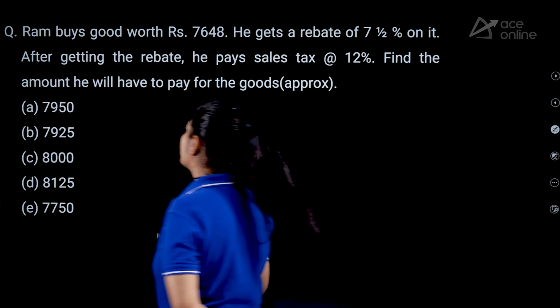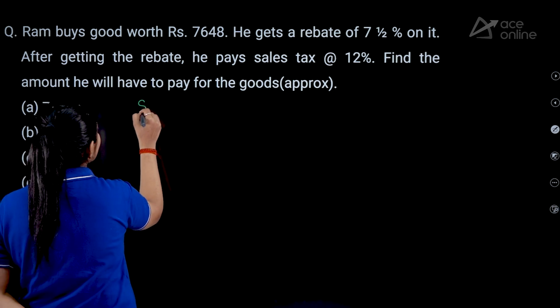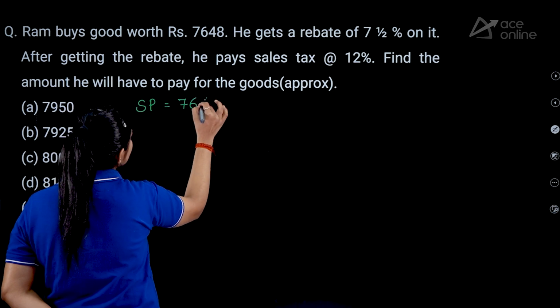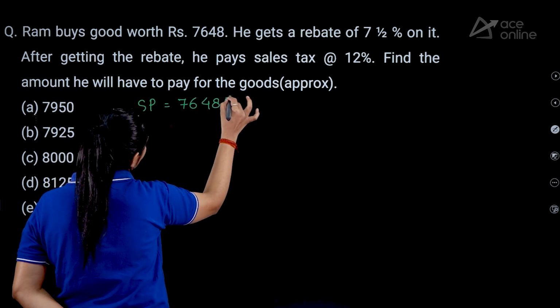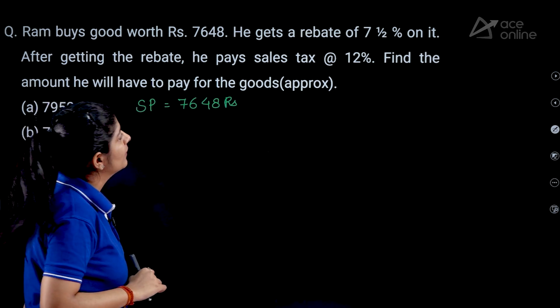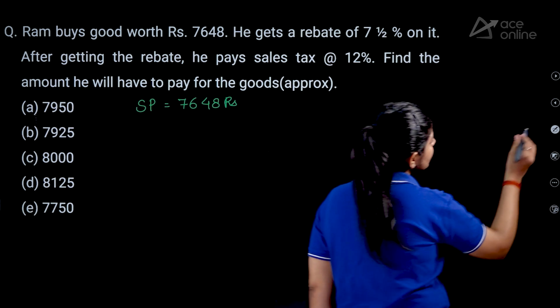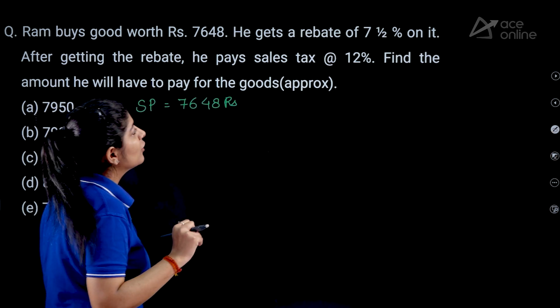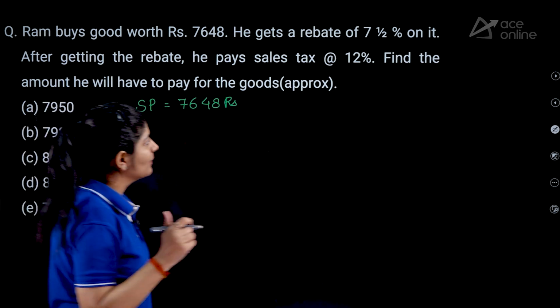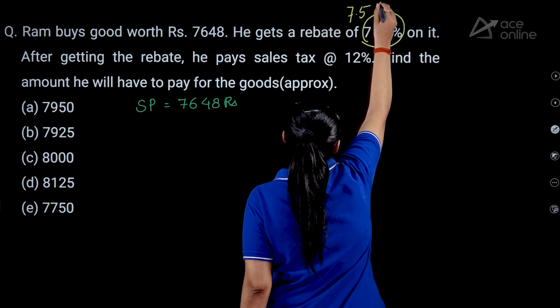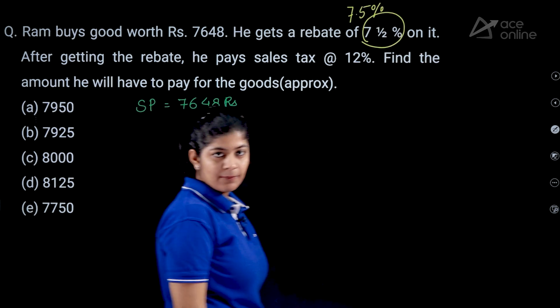So the worth rupees, or we can say the SP of the item, is nothing but 7,648 rupees. This is the selling price of the item. But the question says that he gets a rebate of 7.5%.